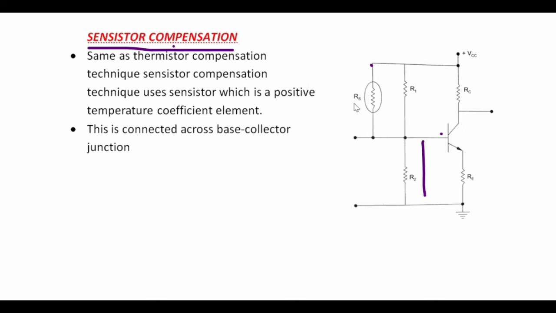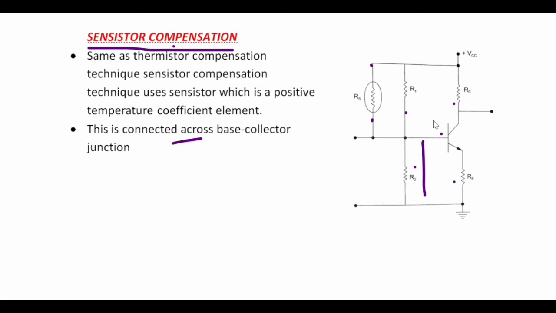Now let us see how this circuit compensates the collector current. We can see this is the Sensistor, RS, and this is the resistor R1, this is the resistor R2, this is a collector resistor, and this is the emitter resistor, and this total setup is also in the form of a voltage divider method.